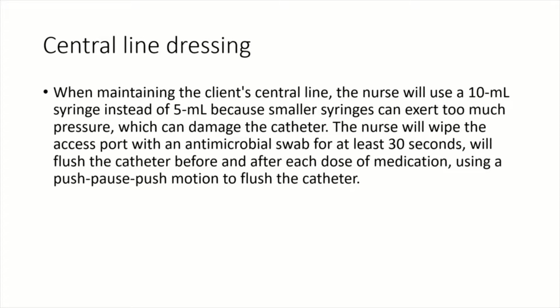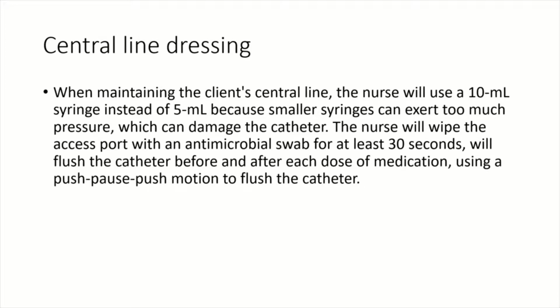Central line dressing, when maintaining the client's central line, the nurse will use a 10 ml syringe instead of a 5 ml syringe because smaller syringes can exert too much pressure, which can damage the catheter. The nurse will wipe the access port with an antimicrobial swab for at least 30 seconds. So the access port, or the needle-free port, sometimes you'll hear it called.